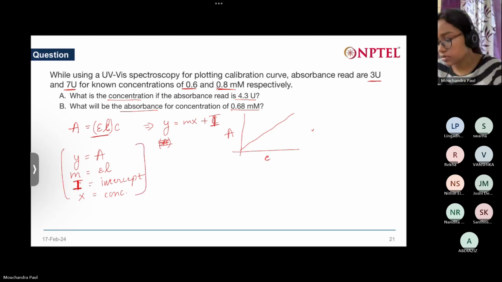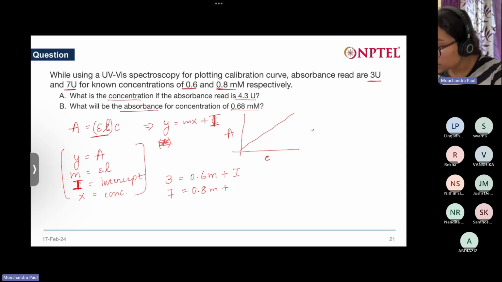So this is what we understand from y equals mx plus I. Now we simply put these values into y equals mx plus I, and we get two expressions. The first one is 3 equals 0.6 m plus I, and the next one is 7 equals 0.8 m plus I.